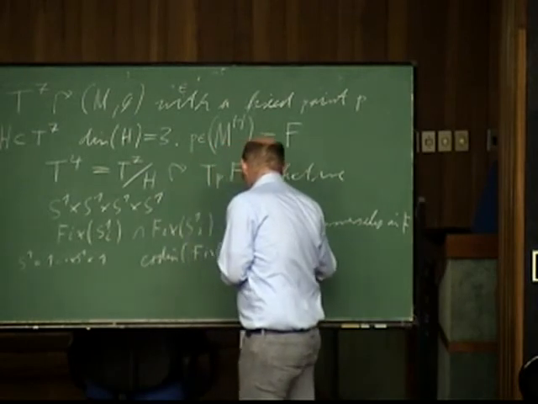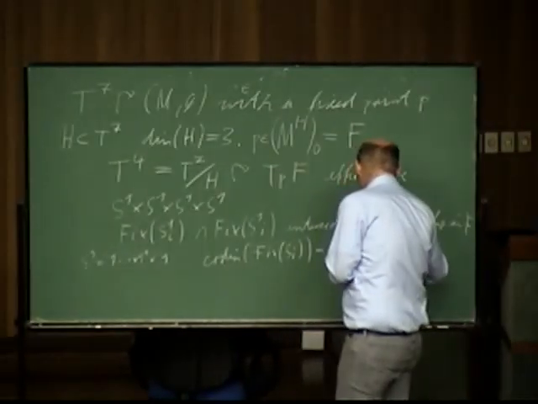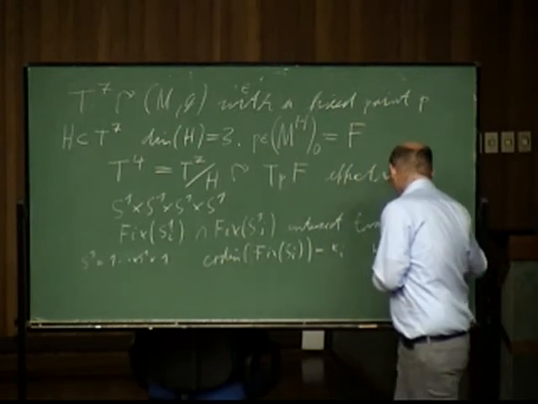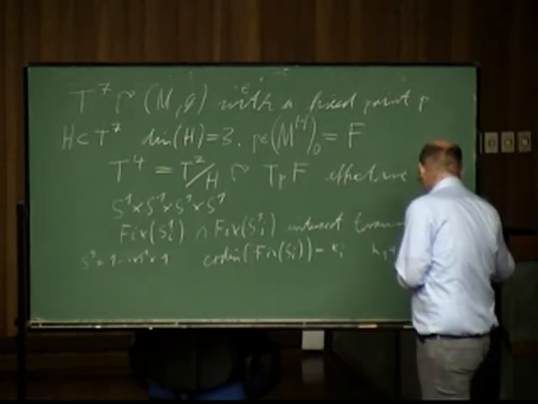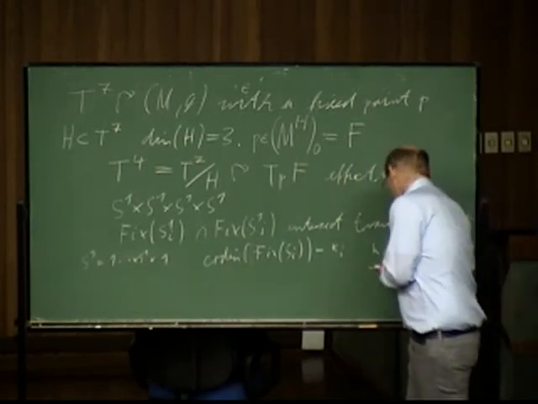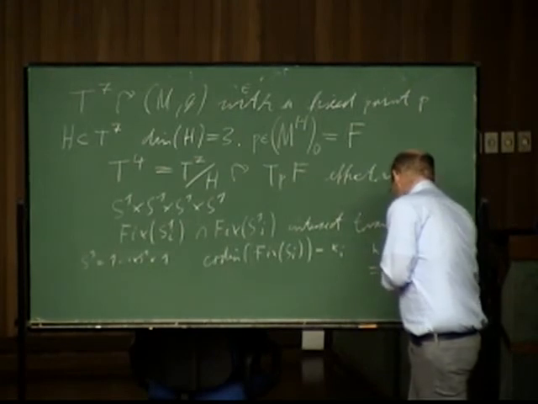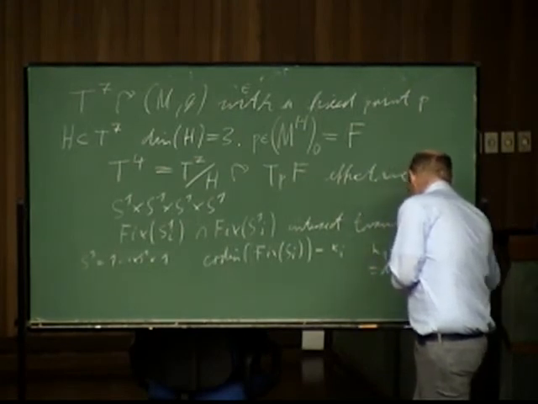Si is Ki, right? And then of course K1 plus K2 plus K3 plus K4 is equal to the dimension of F minus the dimension of the fixed point set.